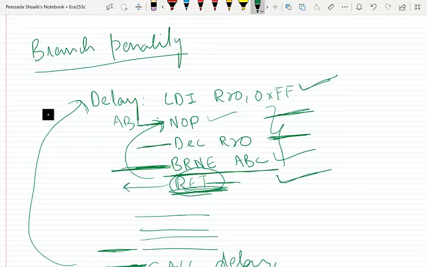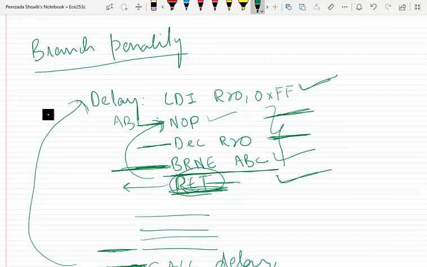It will simply execute the next instruction, that is RET. That means RET does not need to be flushed out of the processor, and the instruction at ABC is not fetched to be executed. In that case, the BRNE instruction will take only 1 machine cycle.